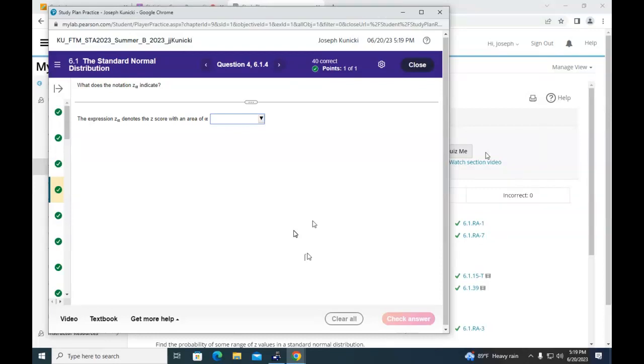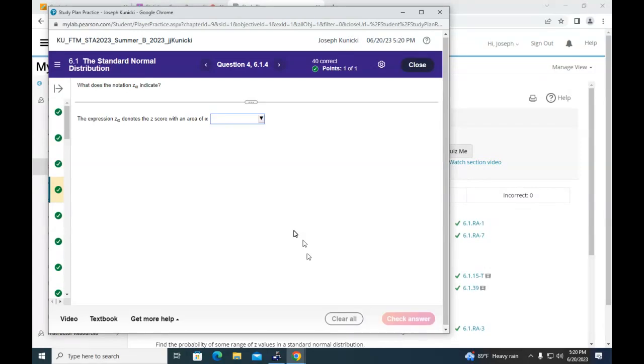But it's always symmetrical. The bell curve is always symmetrical, in terms of probabilities, in terms of the numbers that describe those probabilities. We're going to be doing 2 things. We're going to be finding probabilities given a Z or eventually X values, or we're going to be given probabilities and we're going to figure out what the Z or the X is.